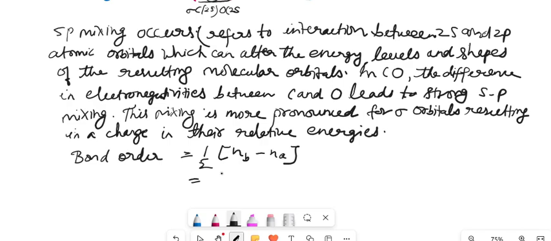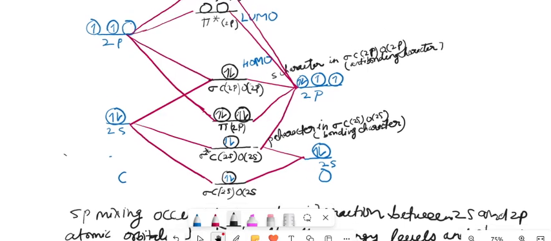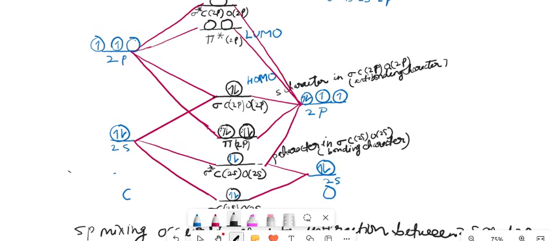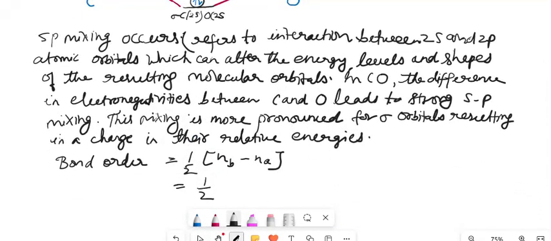So half of 8 minus 2, that is 6 by 2. Bonding orbitals have 8 electrons and antibonding have 2. So half of 6, that is equal to 3.